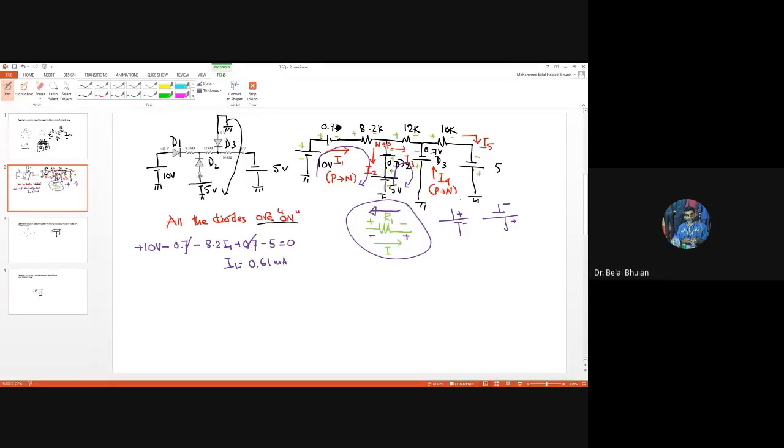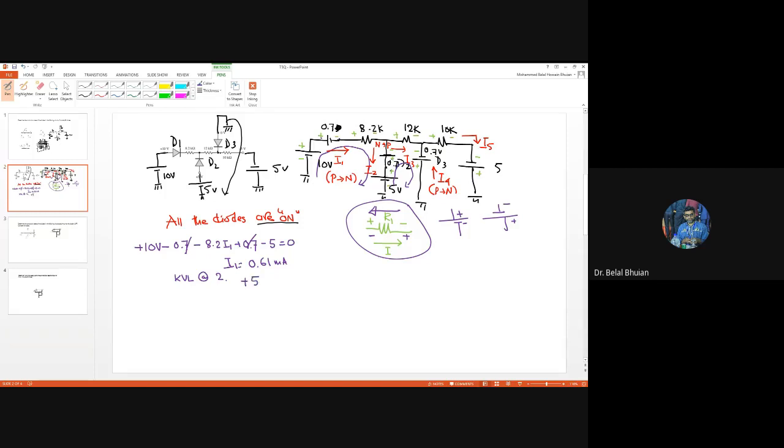Next I apply KVL in the second loop, starting from here. How am I going? Low to high, so plus 5.